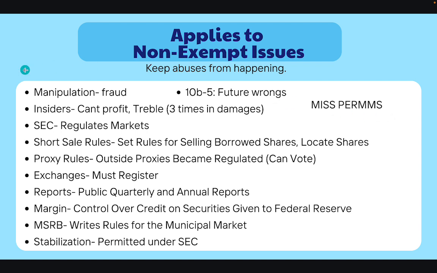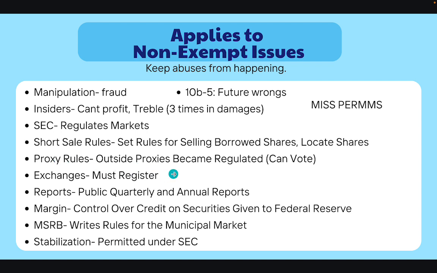Here we go. Manipulation is fraud. That's a no-no. Insiders can't profit. There's something called treble, where you have to pay 3 times the amount that's lost in damages. The SEC regulates these markets. Short sale rules set rules for selling borrowed shares. You have to locate the shares before you can sell them. Proxy rules: outside proxies became regulated so they could vote.